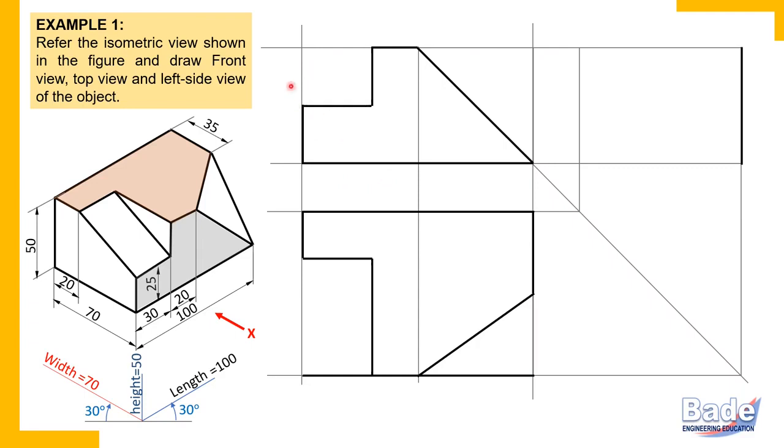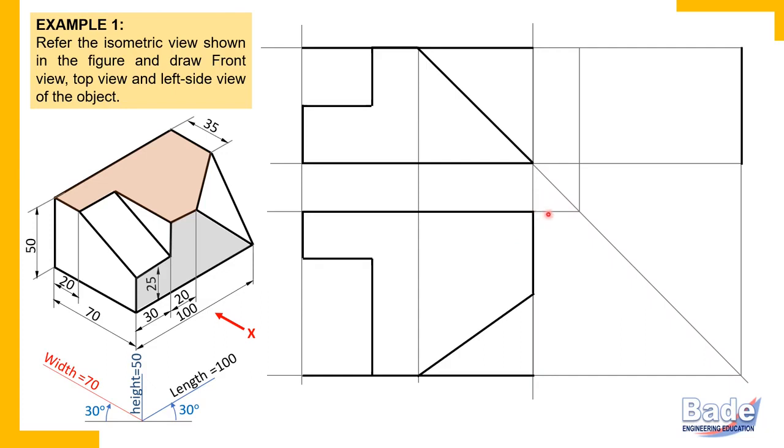So in the front view at top, between end projectors, the total length of the surface is 100 millimeters. So from the right end and from the left end draw projectors, and at top you draw this line. Where is this surface in the front view? If I ask you, simply show me this line. Now this surface is at top and it appears as a line in the side view.